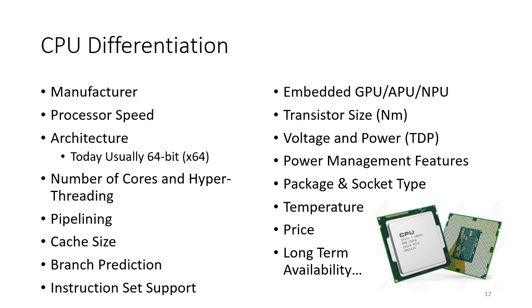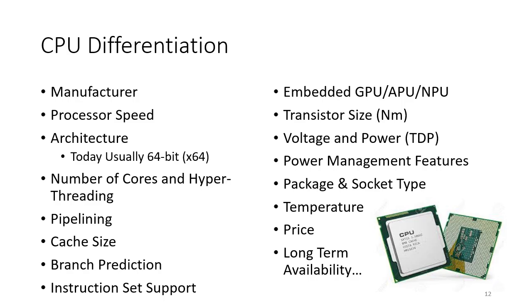Now, this isn't really something you can impact so much. It's related to the architecture and the manufacture and the generation of CPU. But generally, the smaller the transistor size, the faster the CPU can operate, and also the amount of power can be reduced. And also, because the transistors are smaller, you can fit more transistors on the die, which means you can have a more complex CPU.